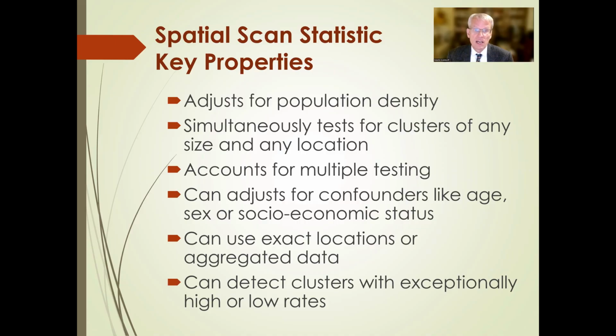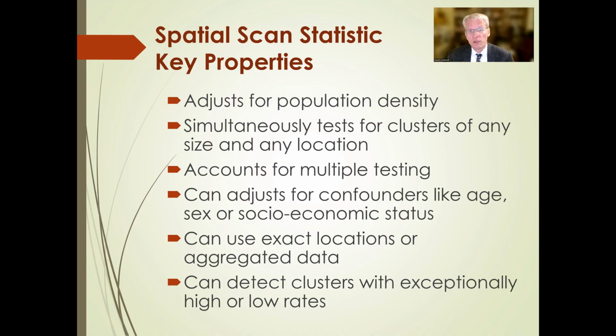And it does that accounting for the multiple testing of the thousands or millions of circles evaluated. It can also adjust for confounders like age or sex or socioeconomic status. The method can be used for exact locations if we knew the exact location of each person, or in this case, we have data aggregated to county level.